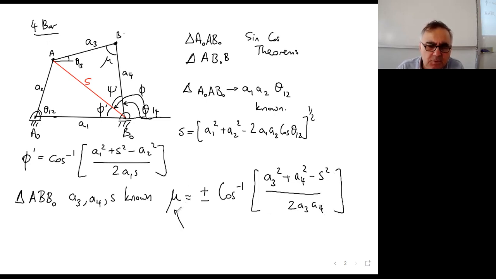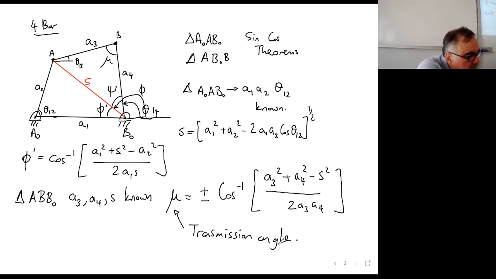And this mu is called the transmission angle. Okay. And there are two possible values. One is for the normal configuration.